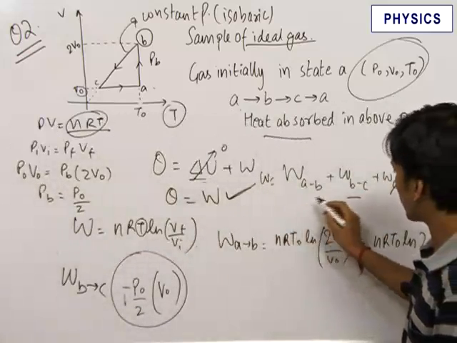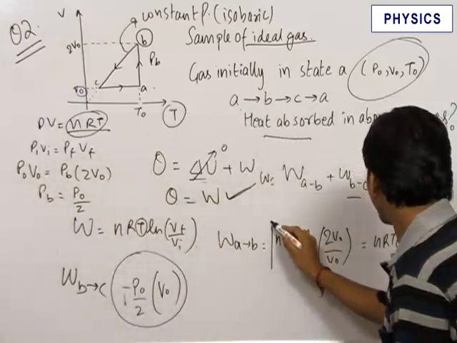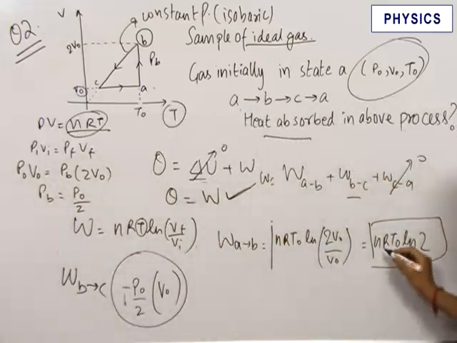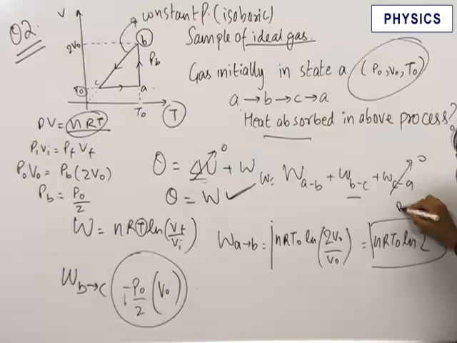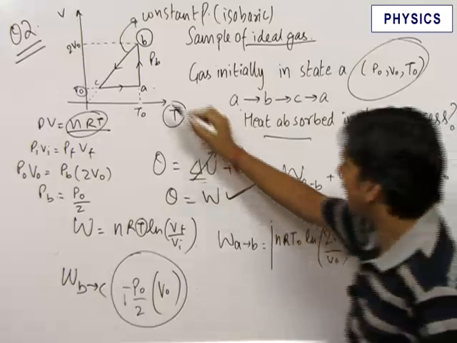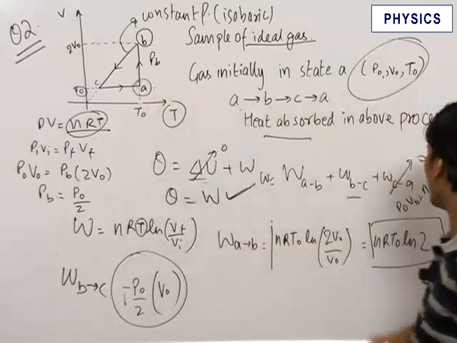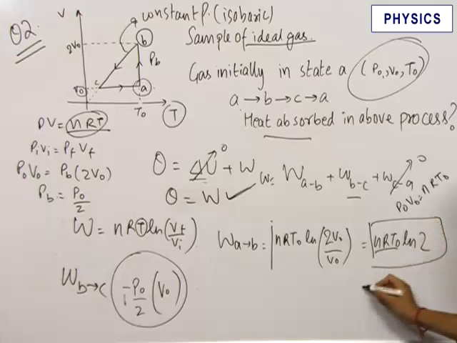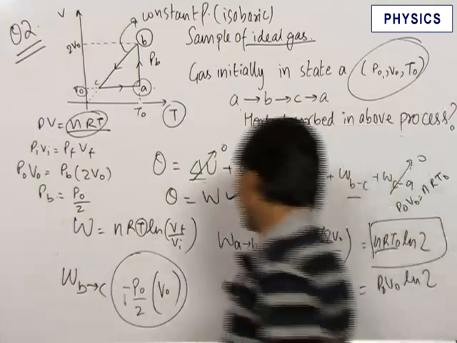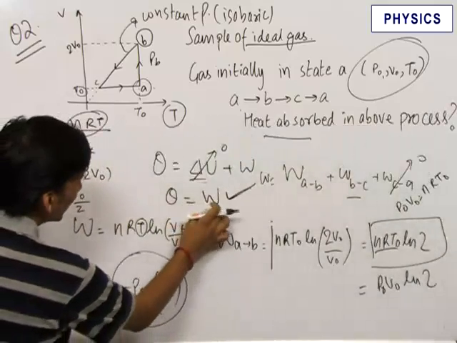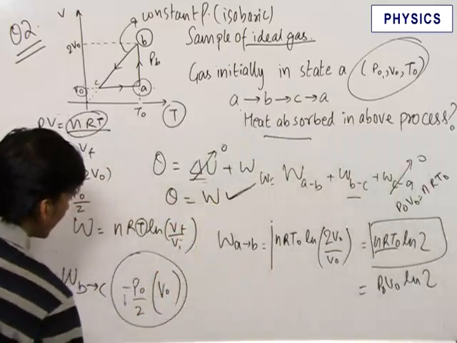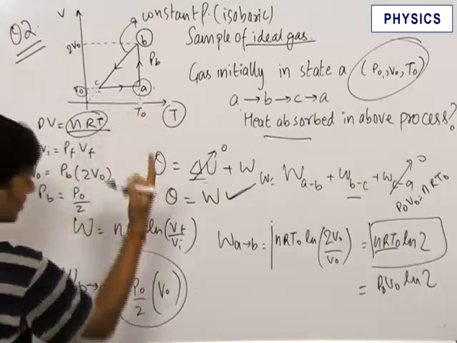For the process A to B, we had it as nRT naught ln 2. Now we also know that P naught V naught is equal to nRT naught, writing the equation of state for state A. Therefore nRT naught can be replaced by P naught V naught. This becomes equal to P naught V naught ln 2. Therefore, the total work done by the gas W is equal to this plus work done by the gas from C to A, which is 0.